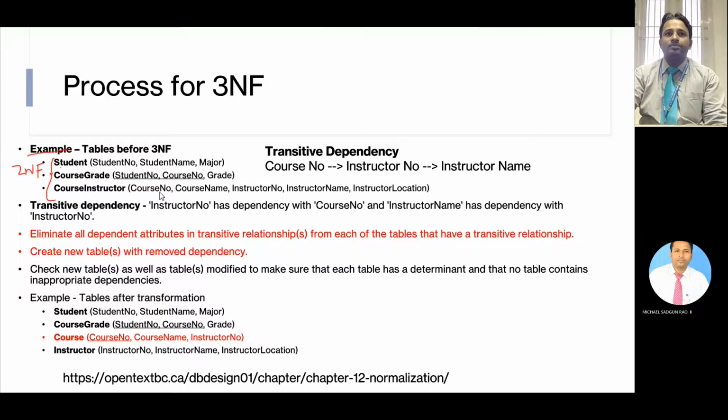if you take course number, it is determining course name. Means course name will be identified by using course number.